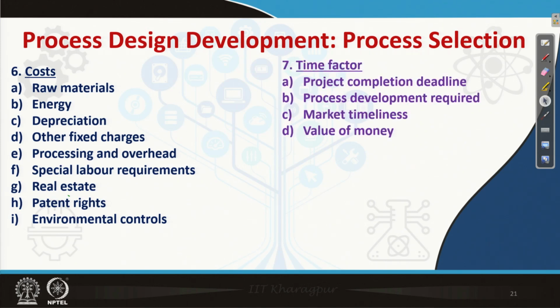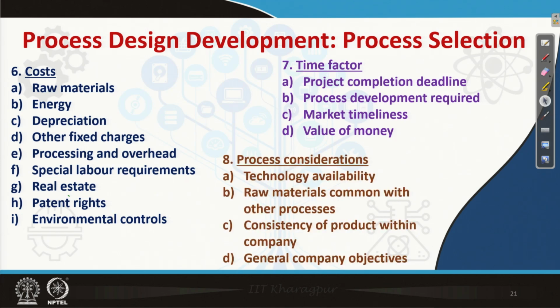Time is very important. So, time factor will also have influence on selection of process. Project completion deadline, process development required, market timelines, value of money. Process considerations: technology availability, raw materials common with other processes, consistency of product within company and general company objectives.